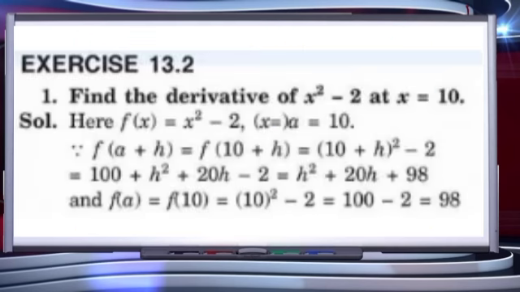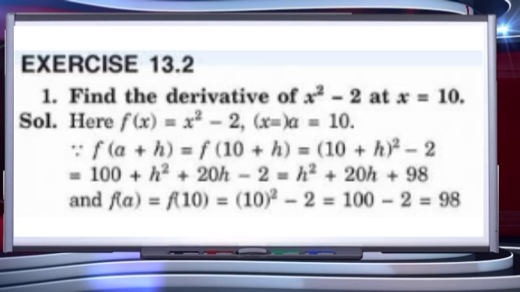First question of exercise 13.2 is find the derivative of x square minus 2 at x equal to 10. So let us solve this question with the help of the first principle. Now here the function is given as, that is f of x as x square minus 2. Now here we have to check when x is 10. So that means a is equal to 10.